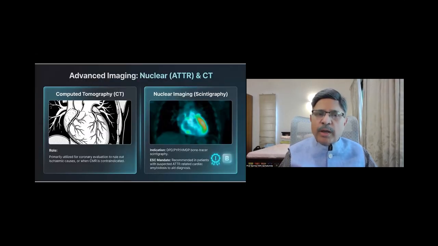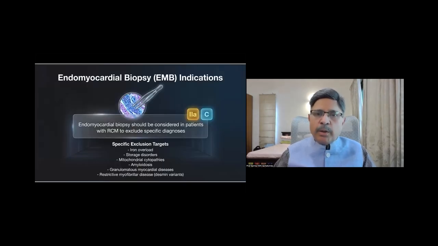Now, fine. Then you have the cardiac CT. In case you cannot do an MRI and you want to evaluate the coronaries, you have to do a cardiac CT. Nuclear imaging is essential for ATTR-related cardiac amyloidosis diagnosis. And finally, endomyocardial biopsy. Endomyocardial biopsy is not a routine procedure.